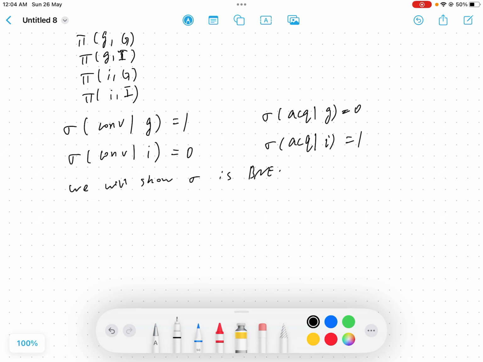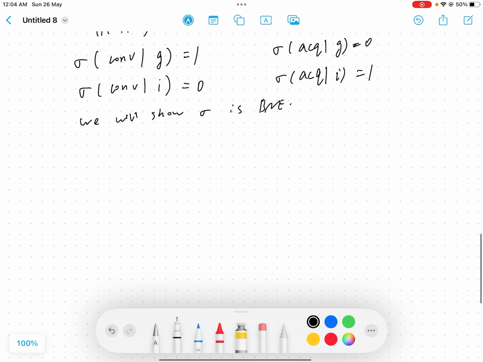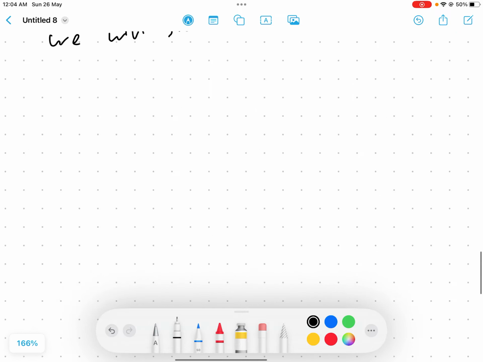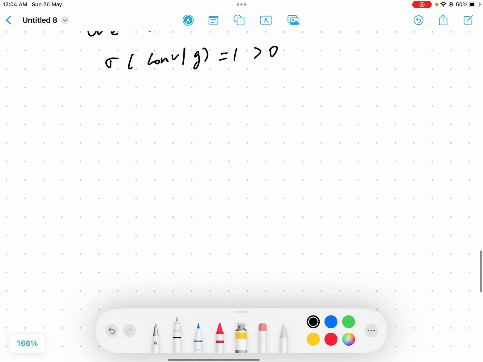So we first check that sigma of convict given small g is 1, and is a positive number. And then we check the expected utility.